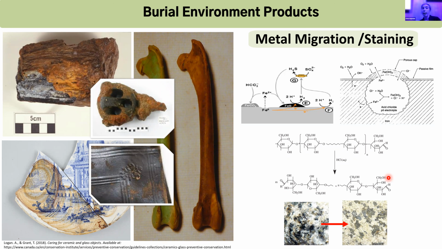Some of your corrosion product has physically moved on top of another object and caused it to become impregnated with this iron or stains its surface. Depending on what it is, you have this hydrochloric acid being formed. If it's an organic material, it can lead to acid hydrolysis. And even if it's made of stone, you can get solubility changes that the acid helps facilitate, and the dissolution of parts of even your stone artifacts can follow.